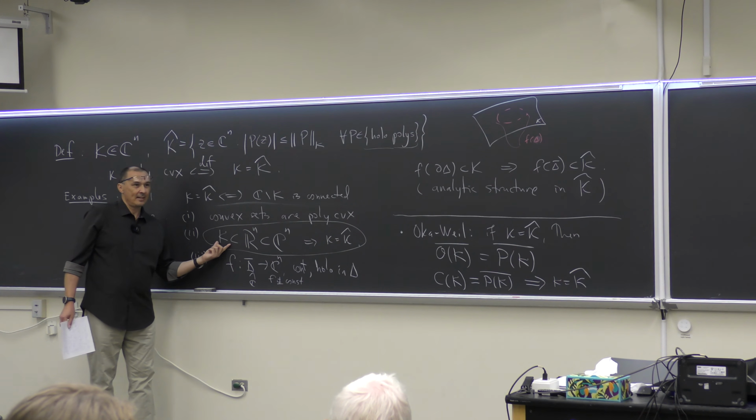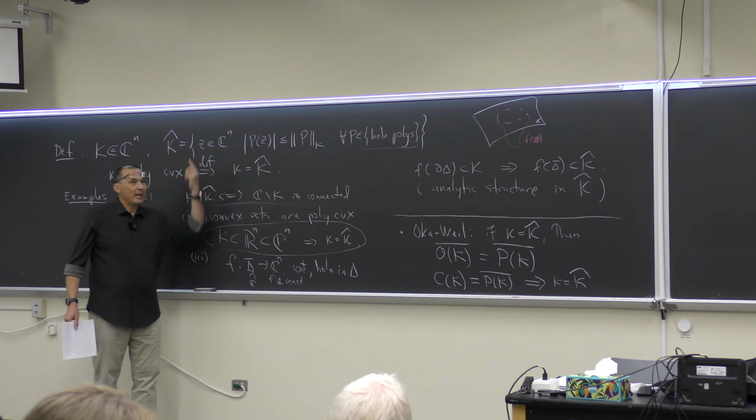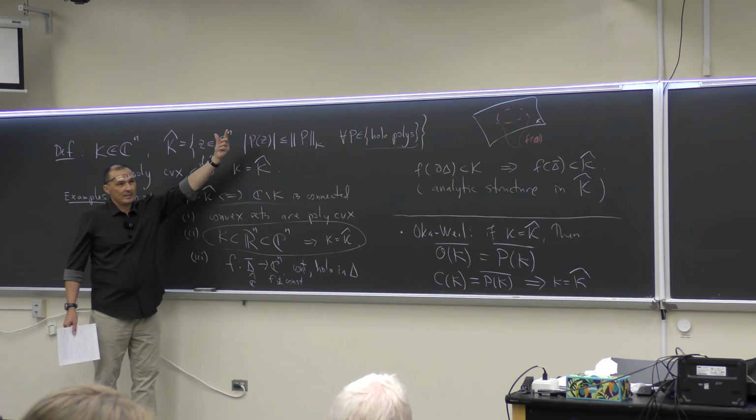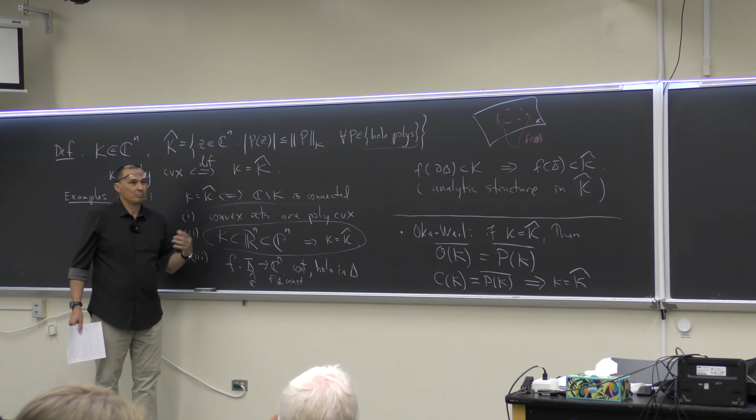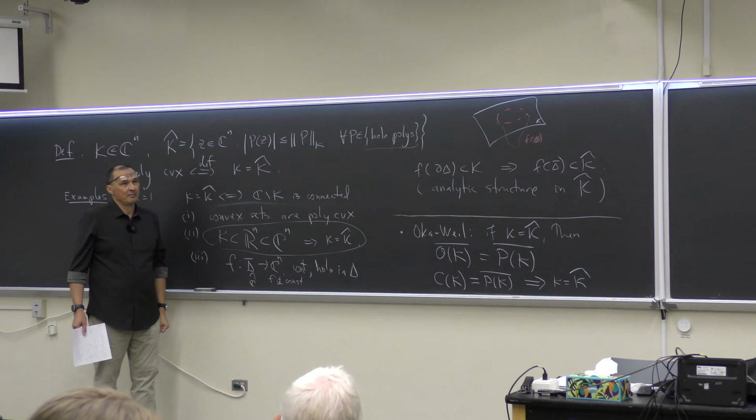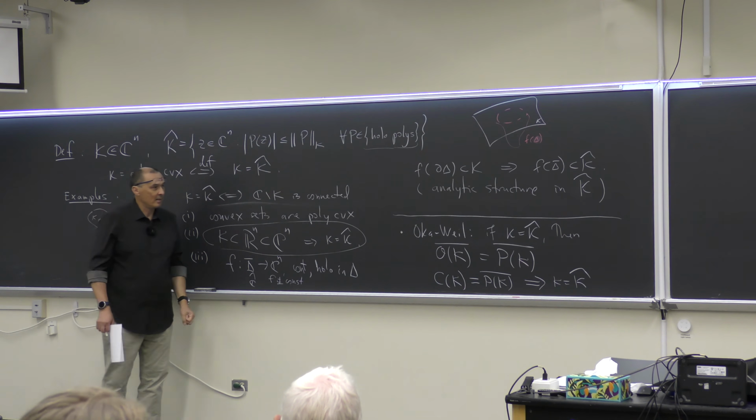And if it has uncountably many points, like a Cantor set or something like that, then you can embed it in some Cn so that it's not polynomially convex. So the properties of K do not determine whether it's going to be polynomially convex or not.